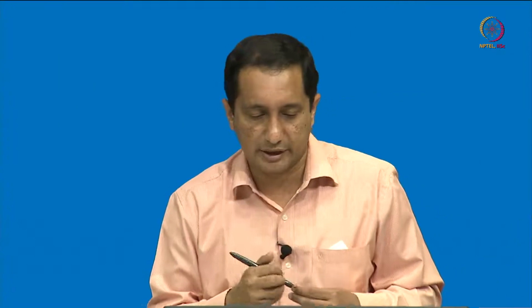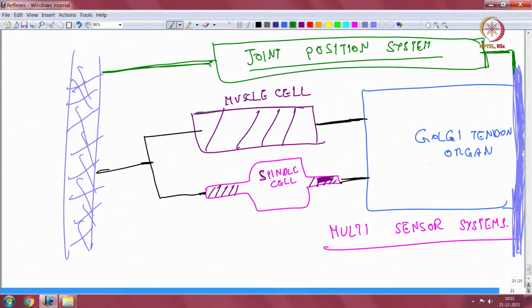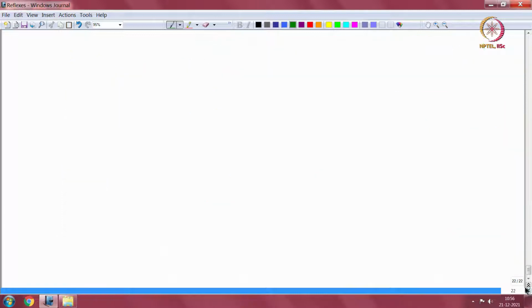We will step up in the next set of discussions. So, I have highlighted the Golgi tendon organ, I highlighted the joint position system, the muscle cell, spindle cell, gamma, alpha, multi-sensor systems and the networks, and this is still one set of muscle cells.